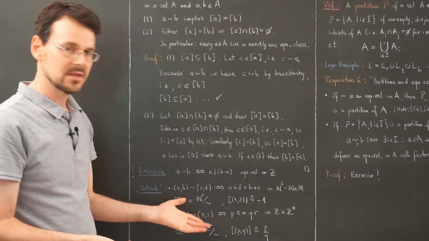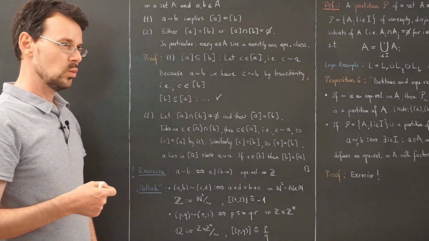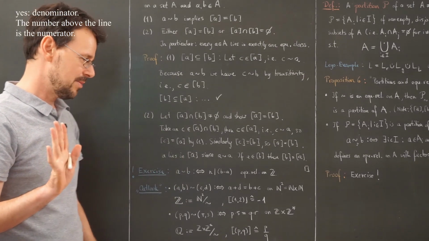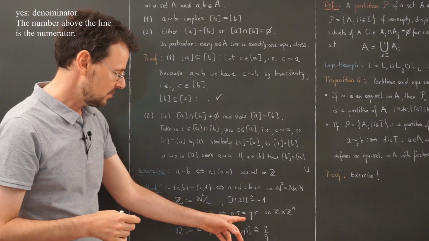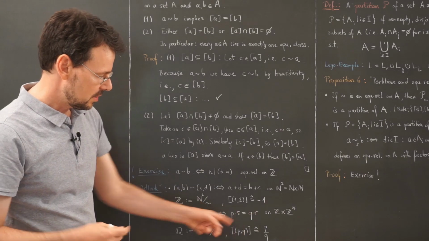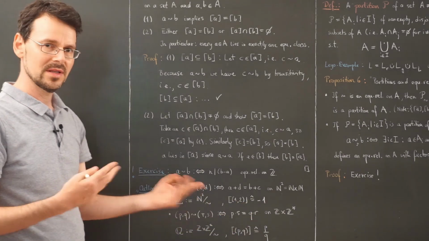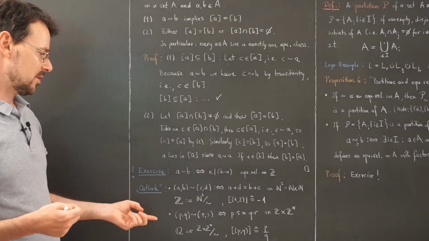Well, exactly if this condition holds. You just multiply by the denominator, numerator, I always confuse those two in English. So you multiply by the numbers down there, and then you end up with this condition. This is what is behind this construction.